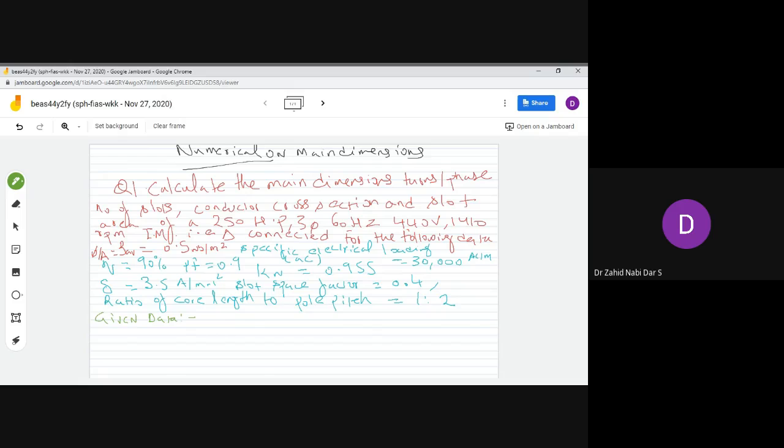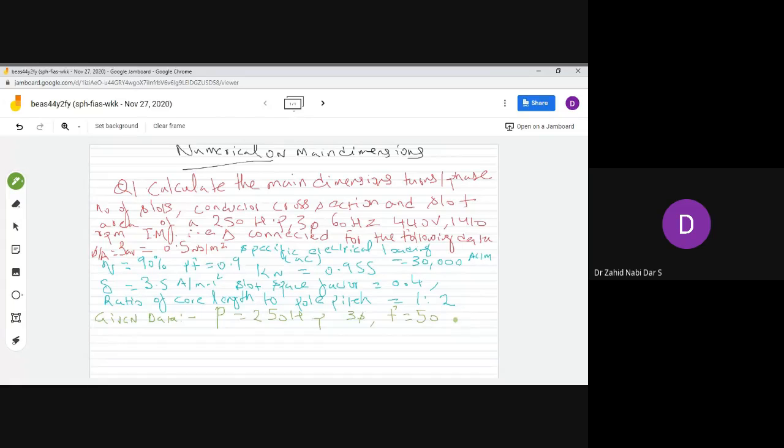So given data, first of all, you read the question. Your power is equal to 250 HP. Then this is a three-phase machine, so all the formulas will be for three-phase. And one more thing, it is delta connected, so V line would be equal to V phase.